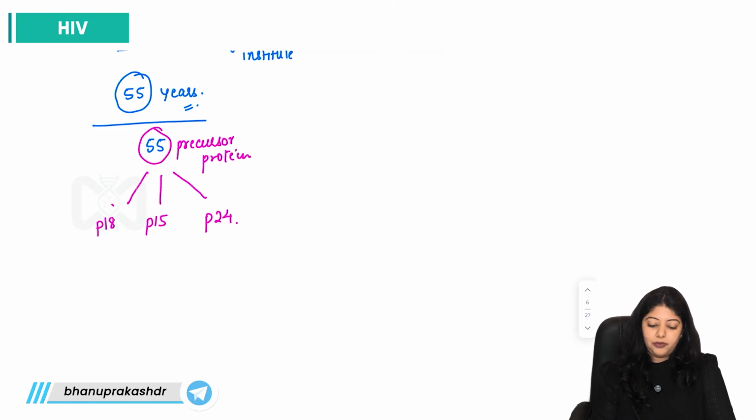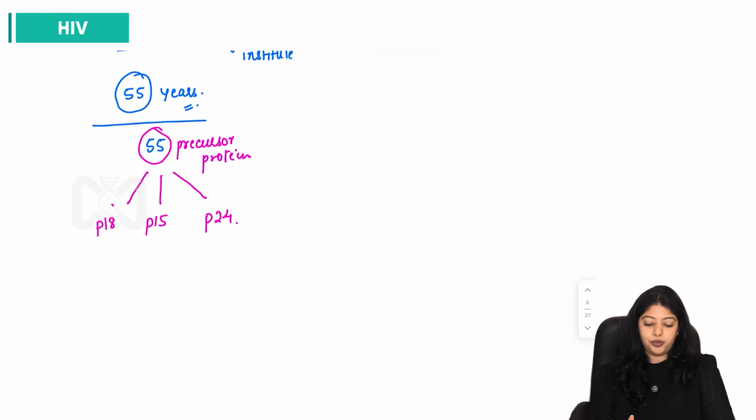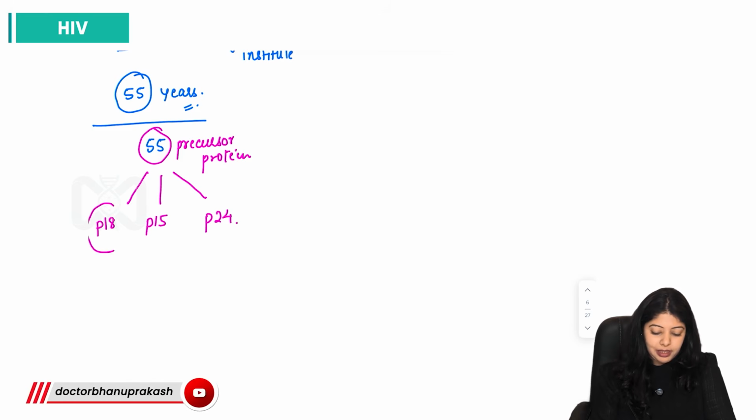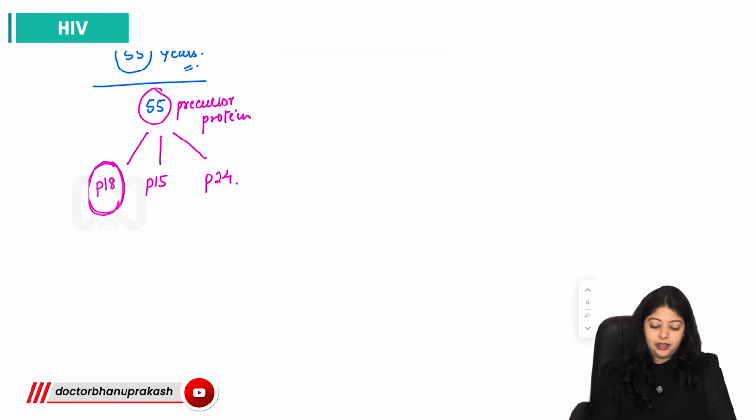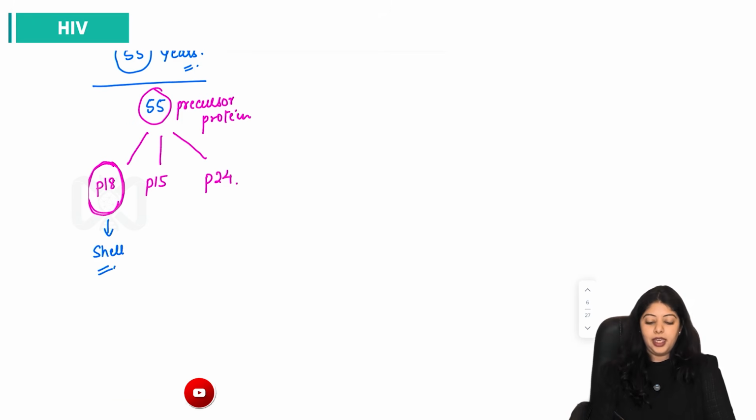So when we say that he is the shell and core of a protein, what is the shell protein? It is P18. This is the shell protein. And these are core.